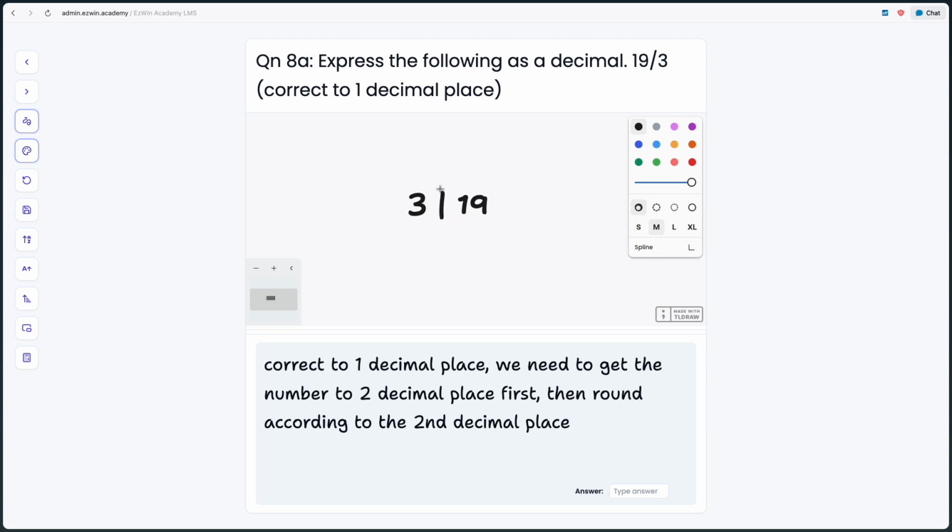All right, so what is closest to 19? So in this case, it is minus 18, right? So let's minus 18. Okay, so 18 is what times 3? It is 6. So we're going to put 6 over here. All right, so now we are left with 1. So 19 minus 18 is 1.